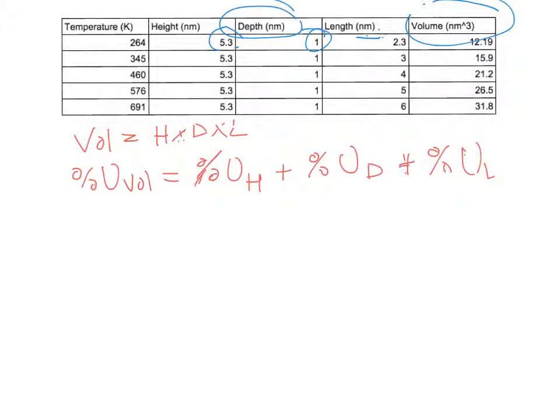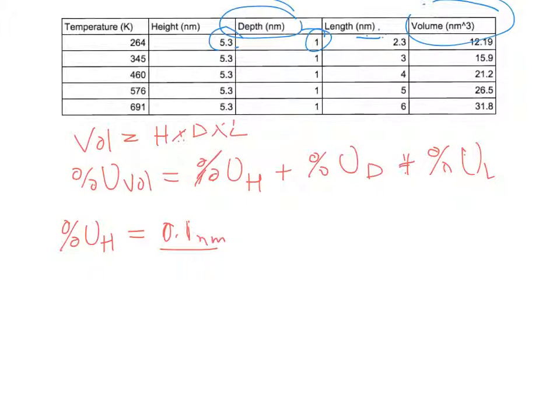So to calculate my percentage uncertainty for height, the height was measured using this digital thing on the simulation. So we used the smallest value, and its smallest value was 0.1, so that's the absolute uncertainty in nanometers for my height.